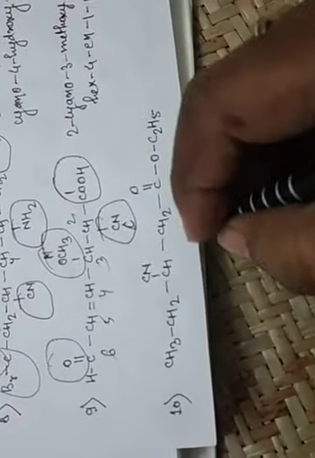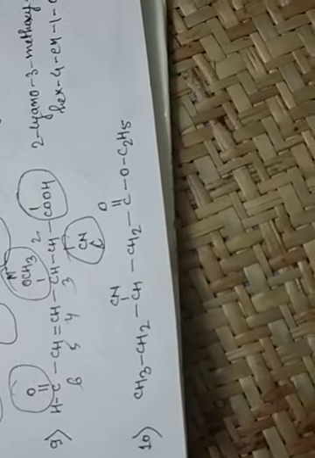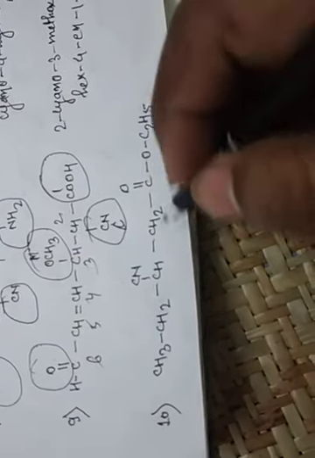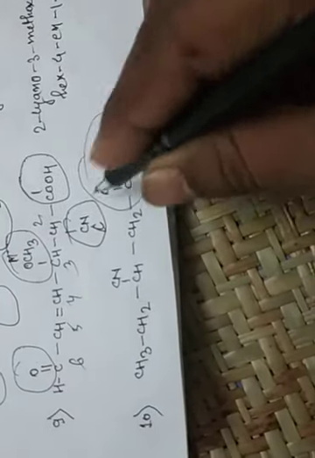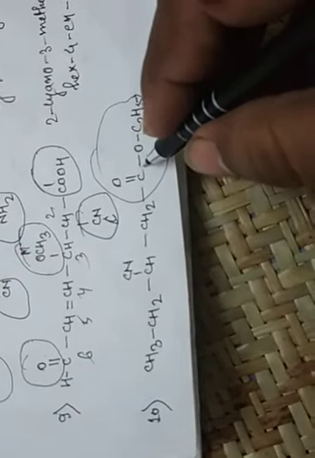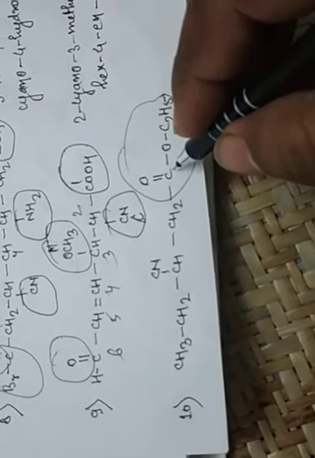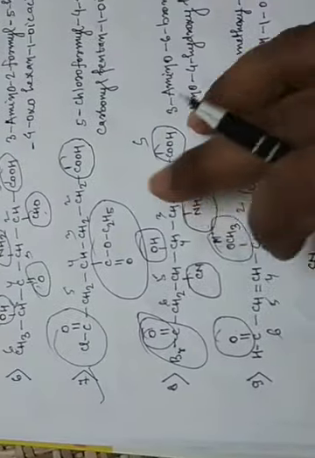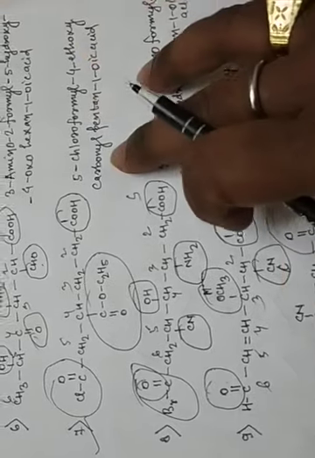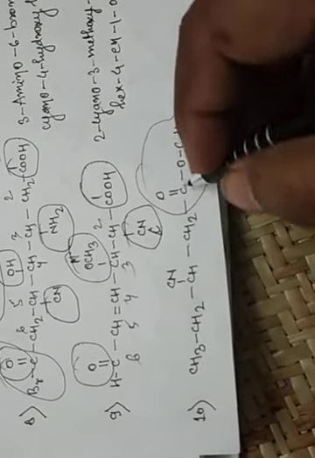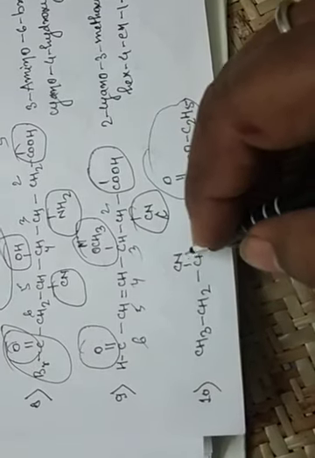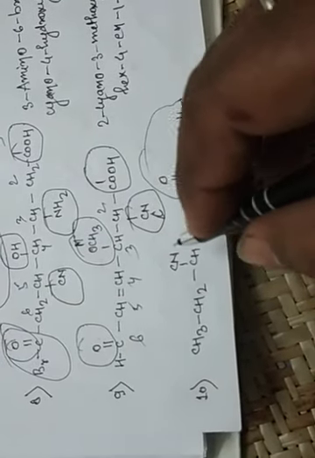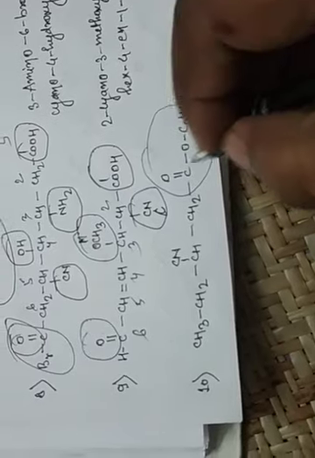Clear? Clear? Now in this case there are only 2 functional groups, so 1 and 2. So this is alkoxycarbonyl, this is ethoxycarbonyl. So first you check which has more priority, CN or C double bond O or C2H5.